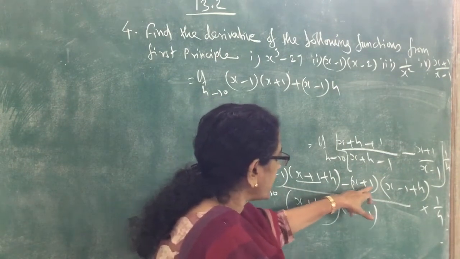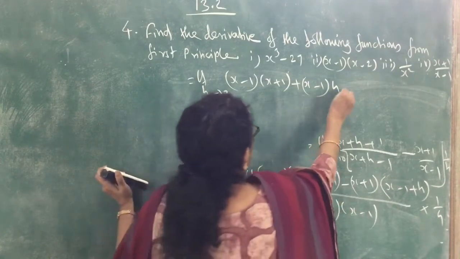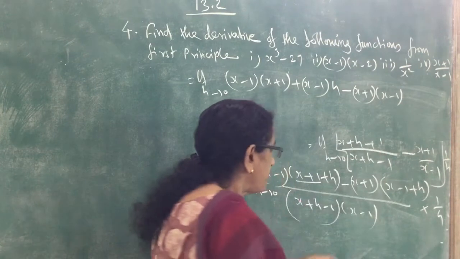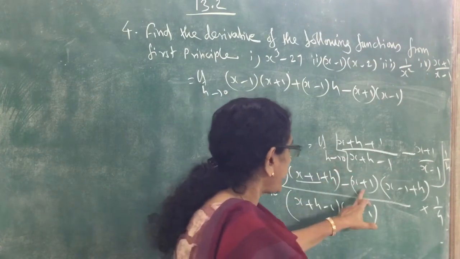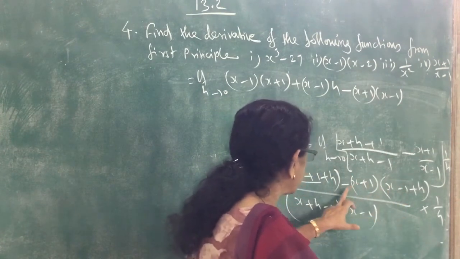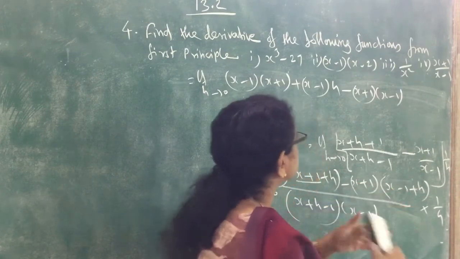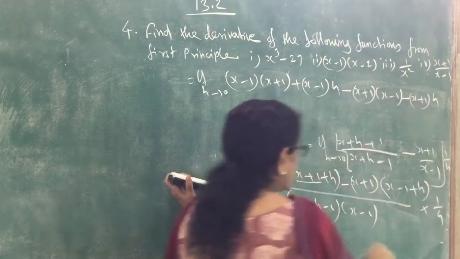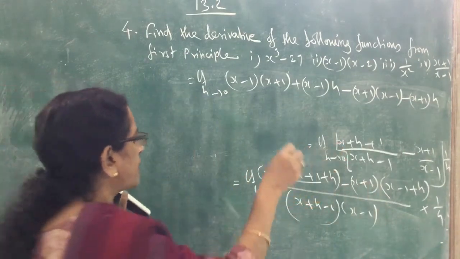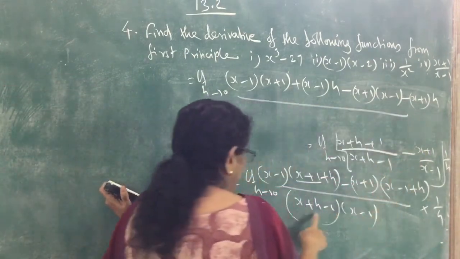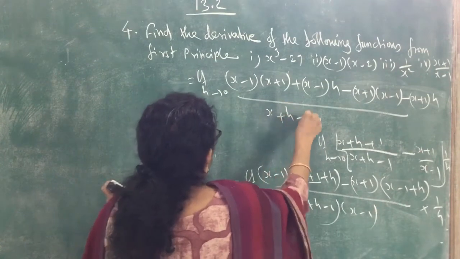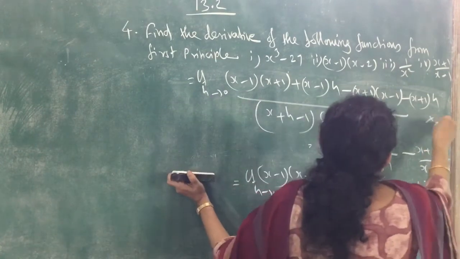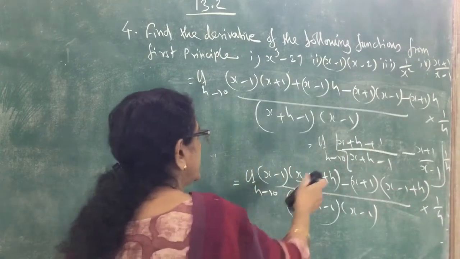Same way, x plus 1 into x minus 1, minus this minus is there outside, x plus 1 into x minus 1, then minus x plus 1 into h. So expansion in the numerator over, whole divided by x plus h minus 1 into x minus 1, then into 1 by h. Now we can simplify.